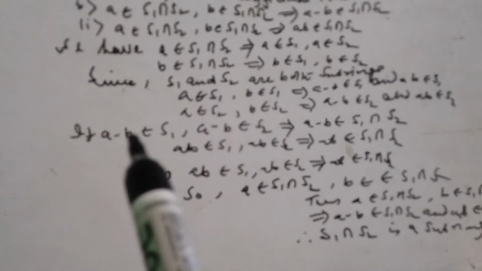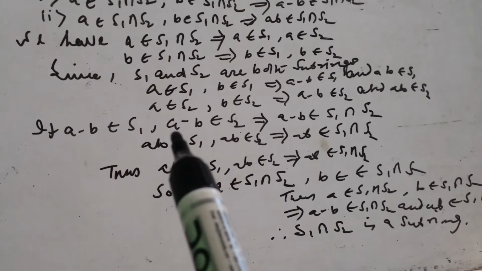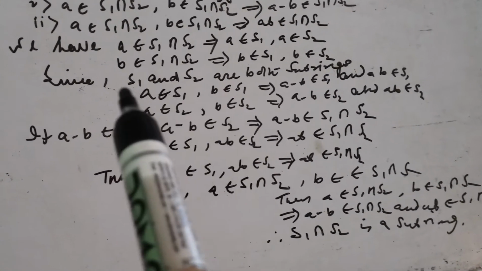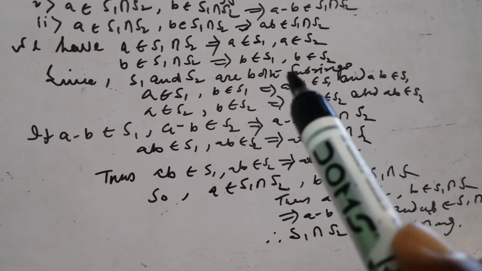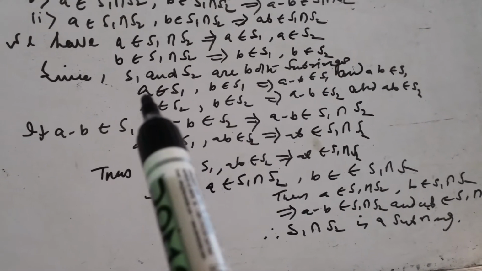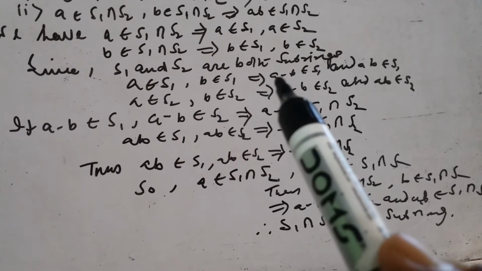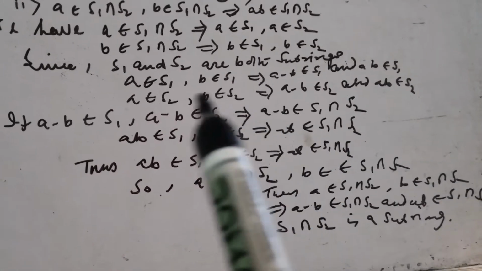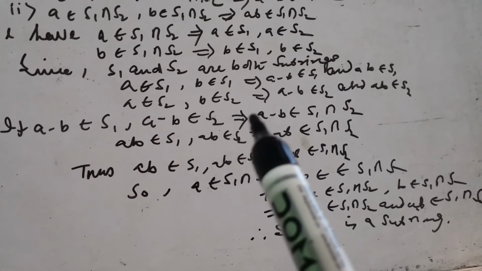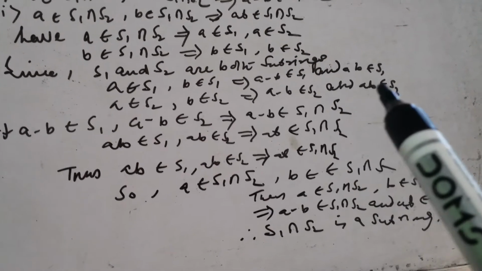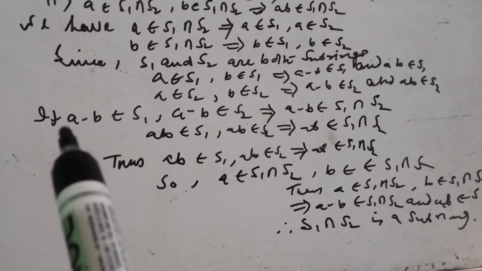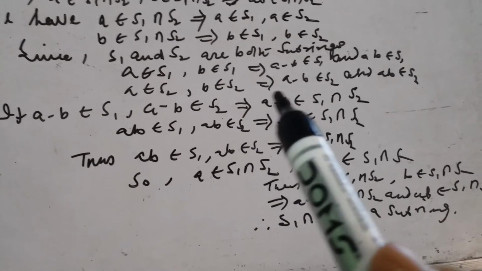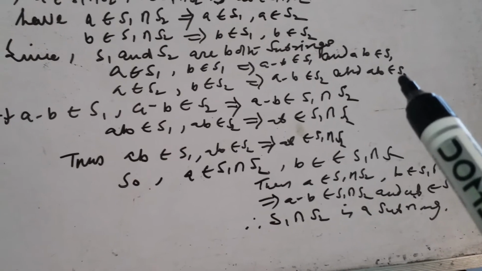We assume that S1 and S2 are subrings, and that's why this is the condition. Now A minus B belongs to S1, A minus B belongs to S2, then A minus B belongs to S1 intersection S2.